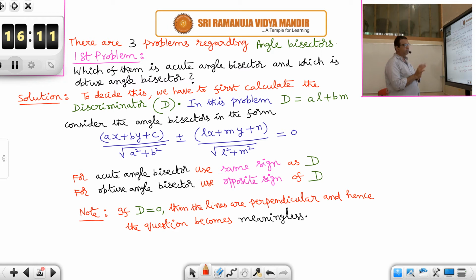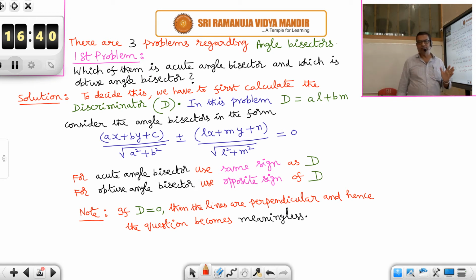Next, this is important. There are 3 important problems regarding angle bisectors. I will explain them one by one. First problem: which of them is the acute angle bisector and which is the obtuse angle bisector?